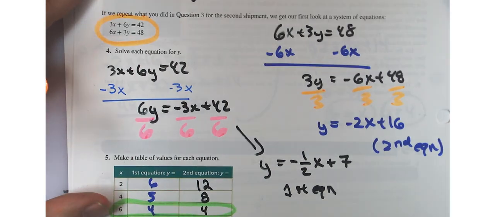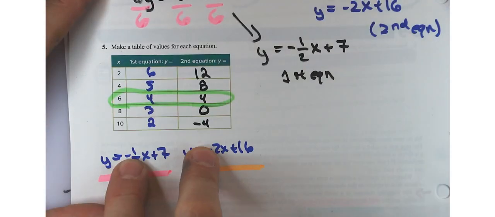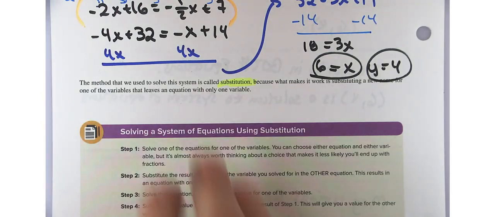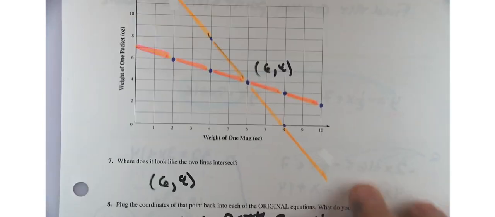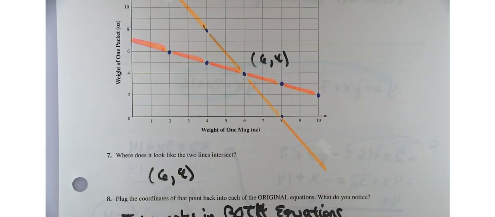Now, initially we solved it by getting y by itself in each of those equations and plotting a table. We noticed that those 2 lines crossed each other at one point, and that one point was our solution. So there's really 2 different ways you can solve it embodied right here. One is with a table.